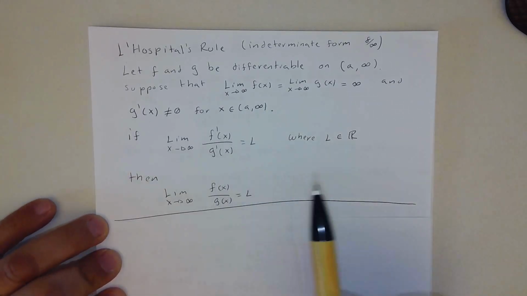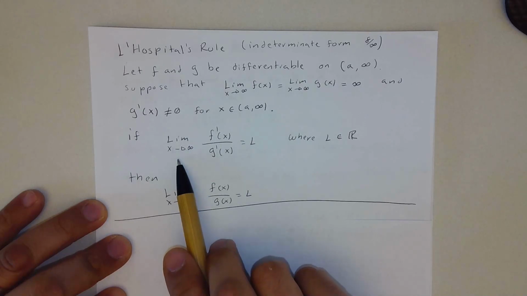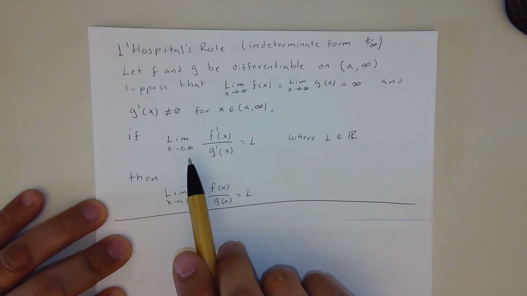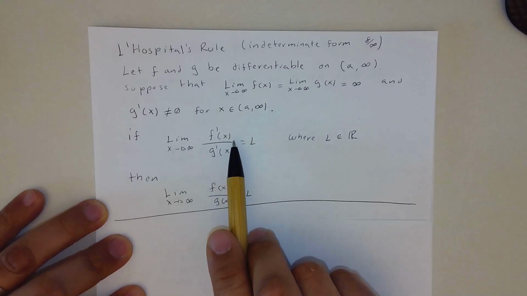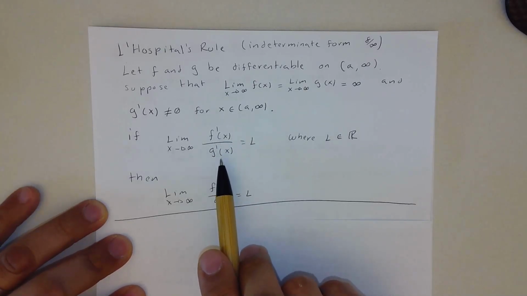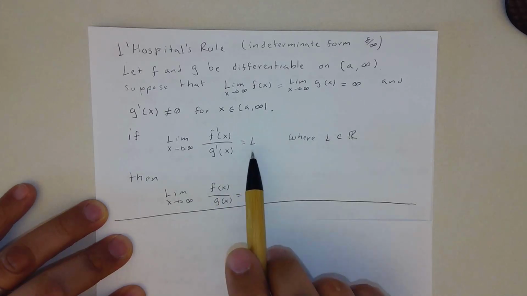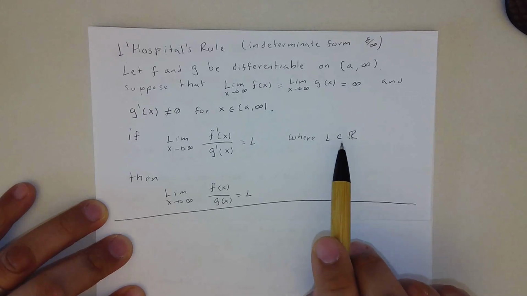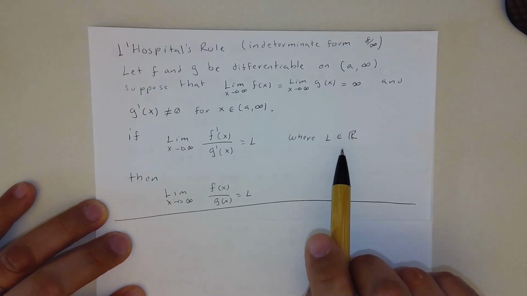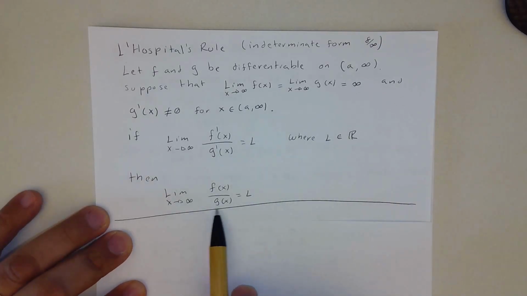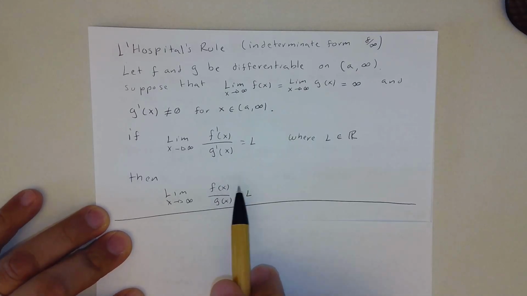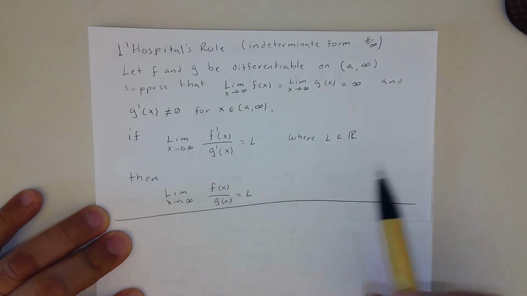If that is the case, whenever the limit of the derivative of f of x over the derivative of g of x exists, I mean is a number L in the real set, then the limit of the functions, which of course tend to infinity over infinity, is also L.